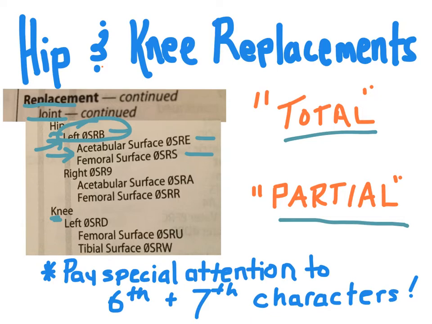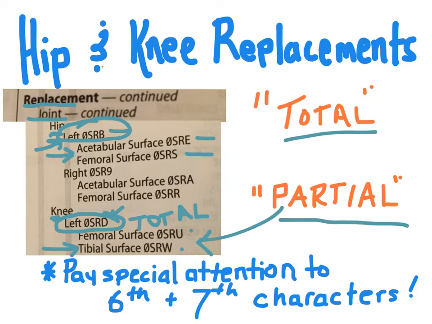So same with the knee. If we have the left or the right, these will be our total tables here. 0SR for the left, it would be fourth character D. So again, total. And we'll go in one more level in the indentation to pick the correct surface if it's a partial knee replacement. So describing whether it was the femoral surface that was replaced or the tibial surface.